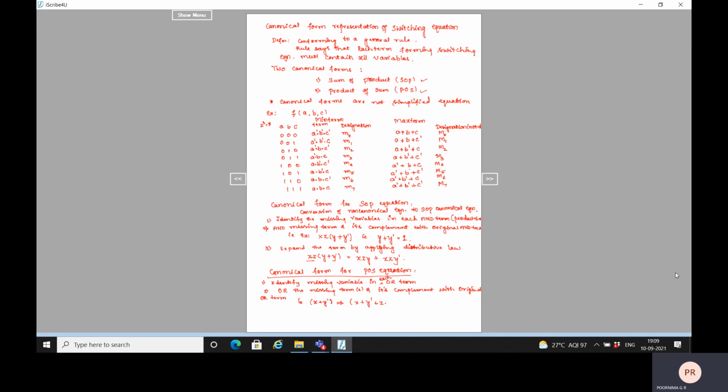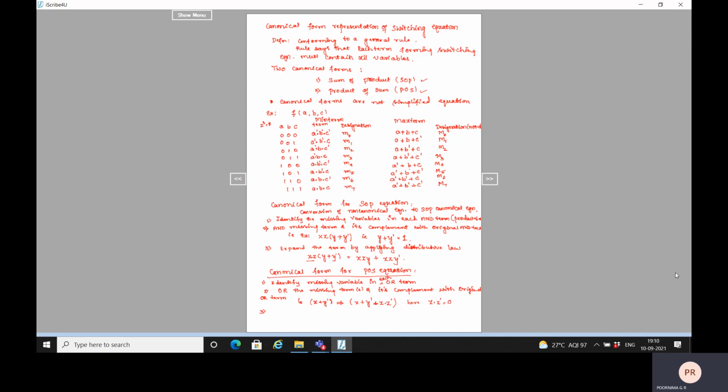This z and its complement has to be ANDed, and that has to be ORed with the given term. When a term with its complement is ANDed, it always gives a value of 0. So after adding the missing variable and its complement, ANDed, it gives the same result.